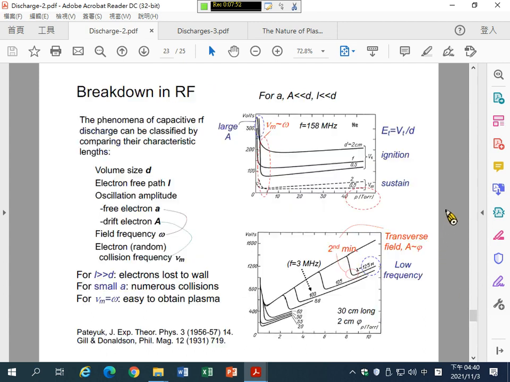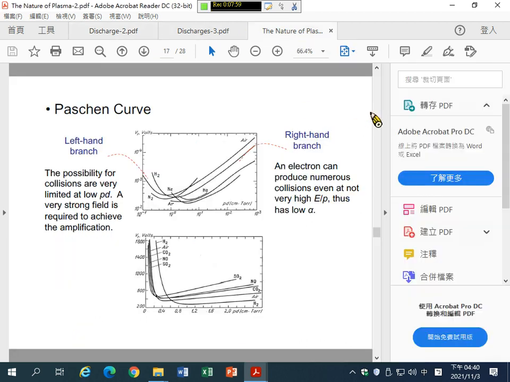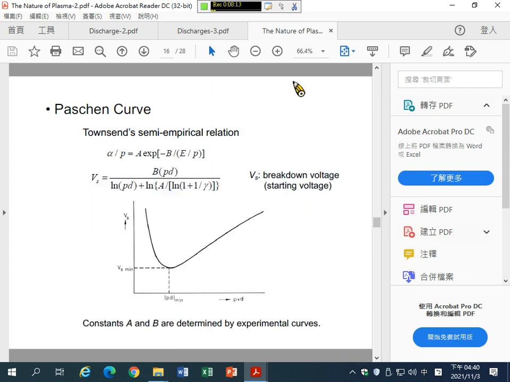Okay, and in the chapter on the nature of plasma, we have already seen the Paschen curve of a DC system. Okay, the Paschen curve was analyzed by Townsend's semi-empirical relation.